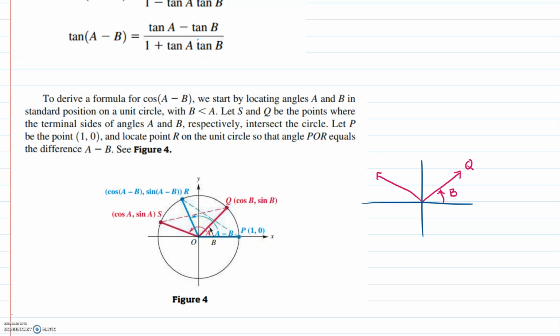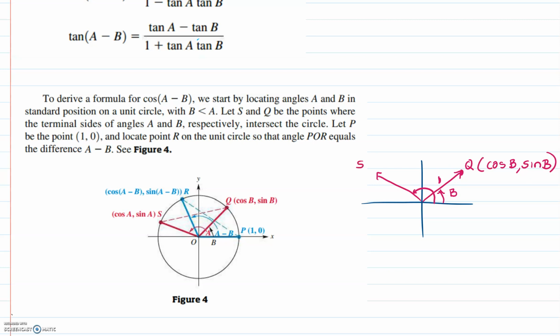It says let S and Q be the points where the terminal sides of A and B respectively intersect the circle. So this point right here would be cosine of B and sine of B on that unit circle, if this is 1. And A would be a similar thing. So A goes from here to here.